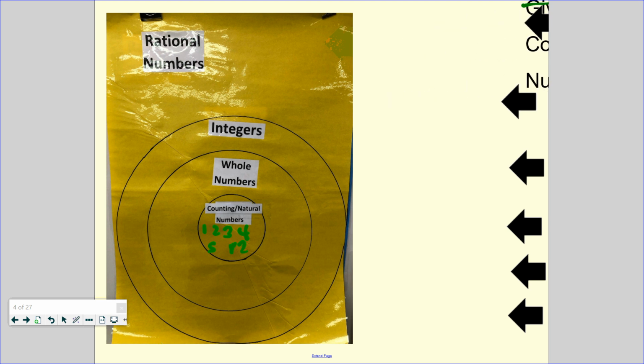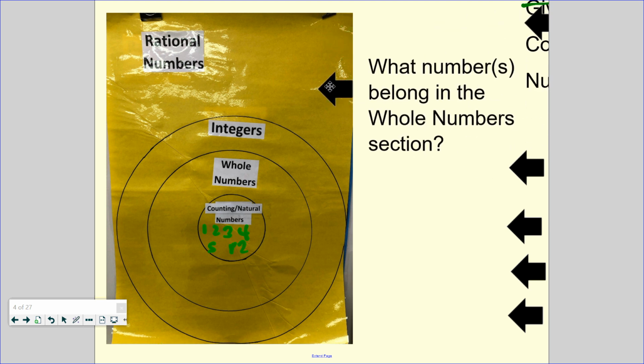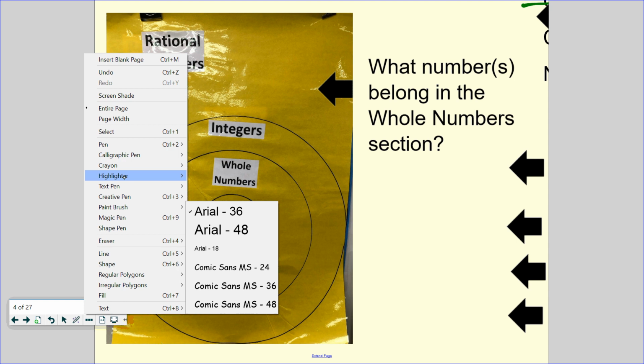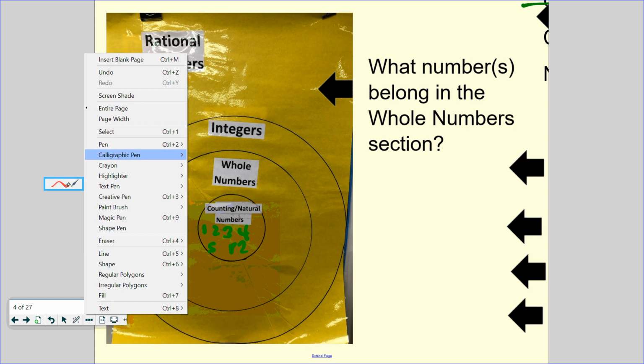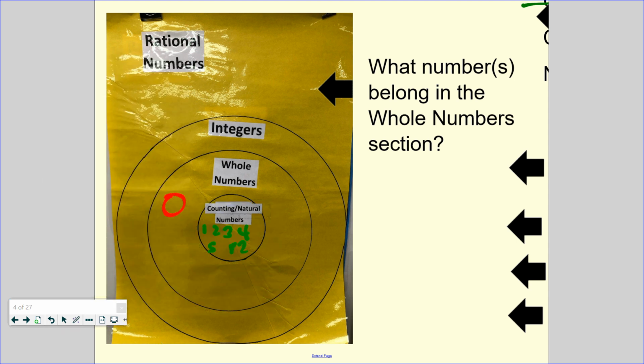So next one. What numbers belong in the whole number section? Well, whole numbers are things you've learned since elementary school, like 0, 1, 2, 3, 4, 5, 6, 7, 8. So we could say, let me use a different color, red. 0.